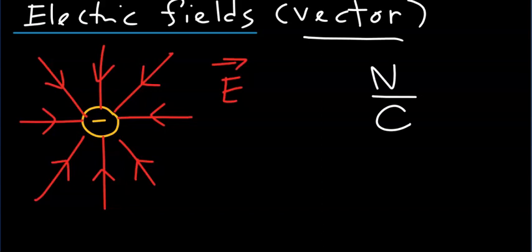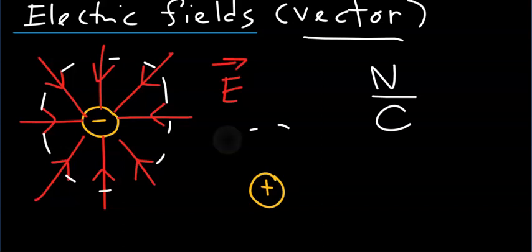Another thing that we have to understand is that it has a very nice spherical symmetry to it. What that means is, if I have, say, a positive charge, the magnitude of this electric field everywhere at the same distance from the source, let's call that distance r, is the same.